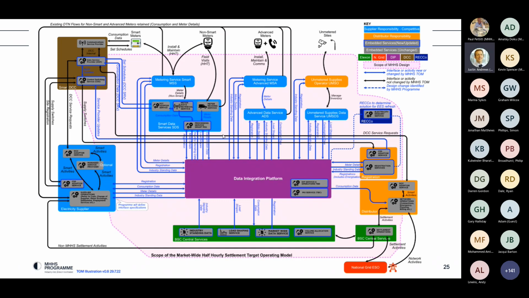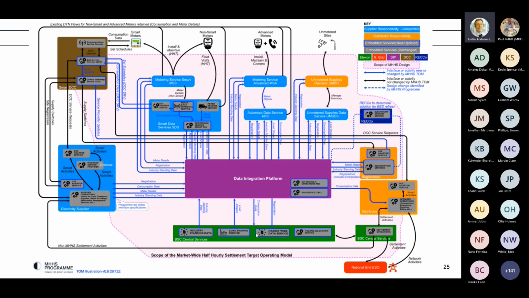Yes, I was going to say that if this helps as well, let's take Advanced. They've read the meter, they've got the meter data, and that might be packaged up by day, and those reads go through the data integration platform and then into central settlement services.